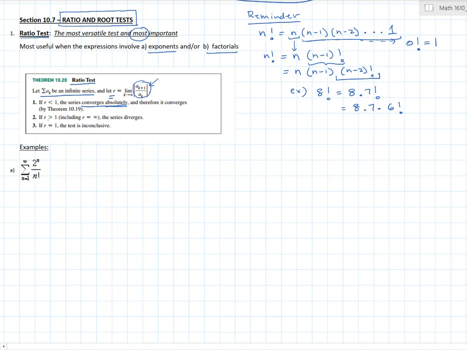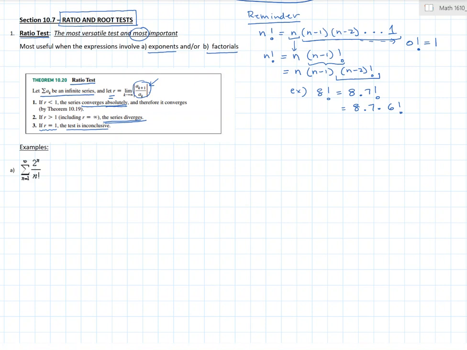If R is greater than 1, including infinity, then the series diverges. If R turns out to be 1, the test is inconclusive. That means you have to try some other test to decide whether the given series converges or diverges. The ratio test is not giving you any conclusive answer.